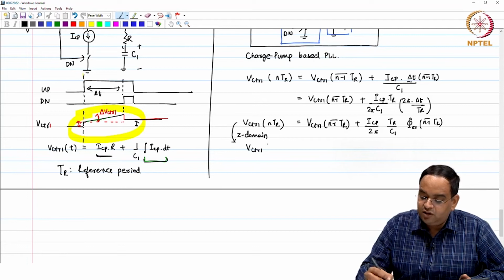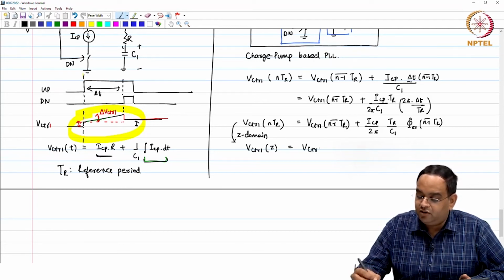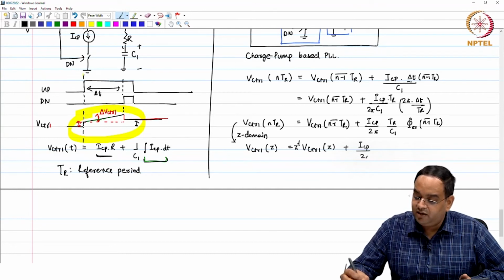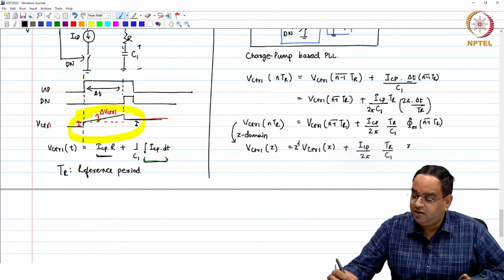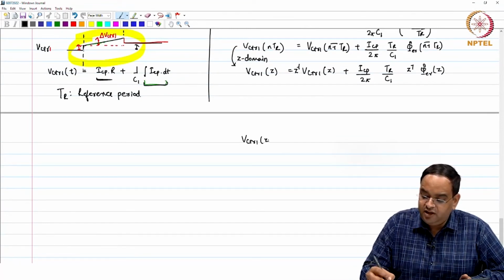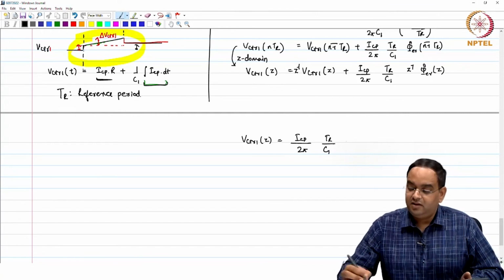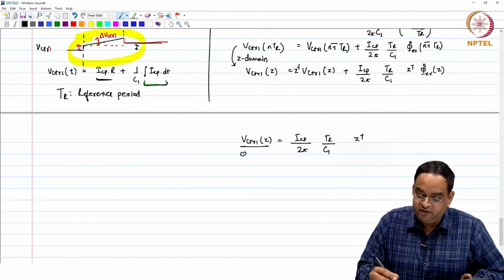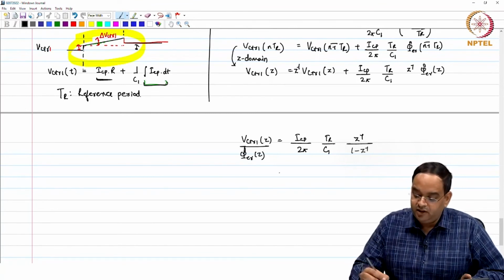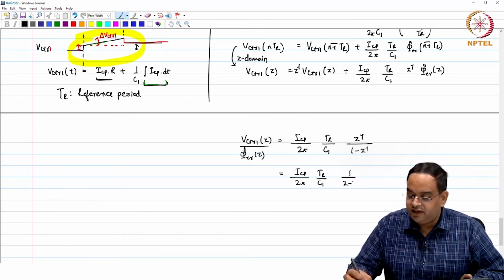So, V control of Z is equal to V control of Z times Z inverse plus I_CP by 2 pi times T_R by C1 times Z inverse times phi error of Z. Taking the terms to one side, V control of Z over phi error of Z is I_CP by 2 pi times T_R by C1 times Z inverse over 1 minus Z inverse, which is I_CP by 2 pi times T_R by C1 times 1 by Z minus 1.